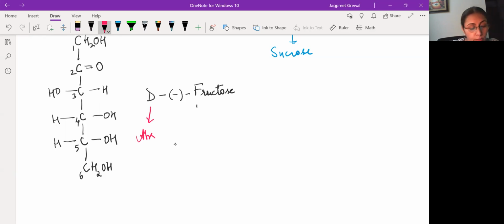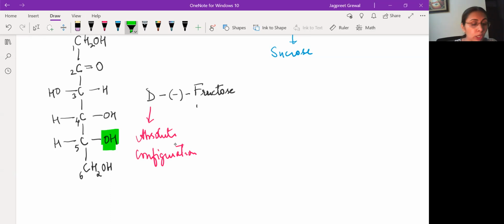D is the absolute configuration. I discussed in the video of the structure of glucose how we assign the absolute configuration. So the absolute configuration is the same as glucose, that is, the OH group on the last asymmetric carbon in the chain is present on the right side.